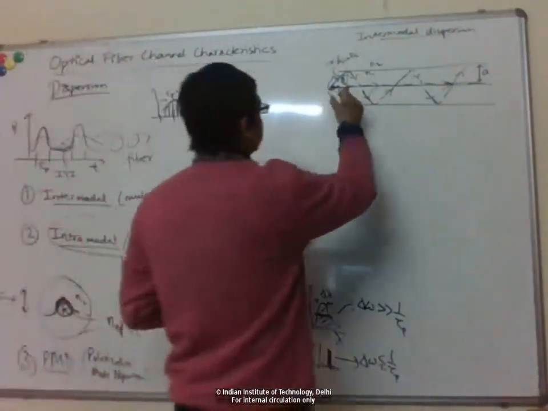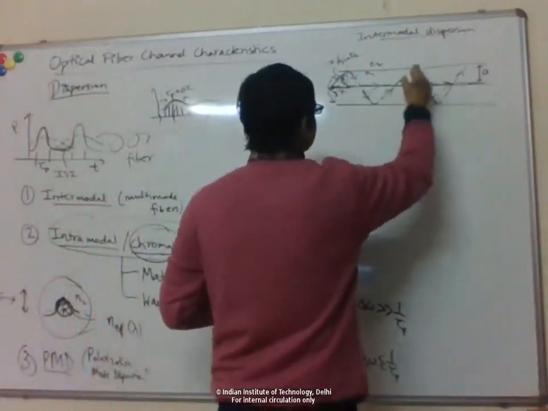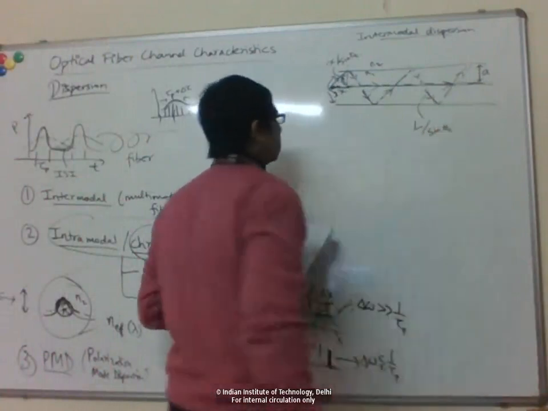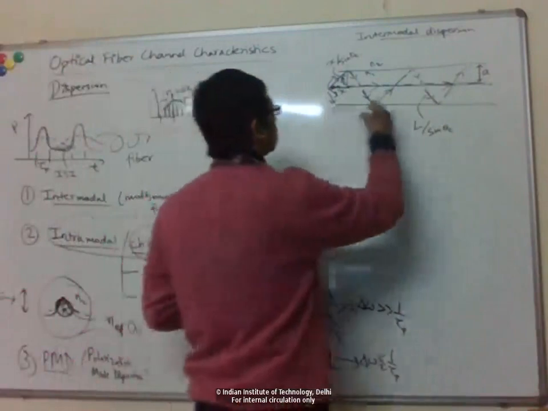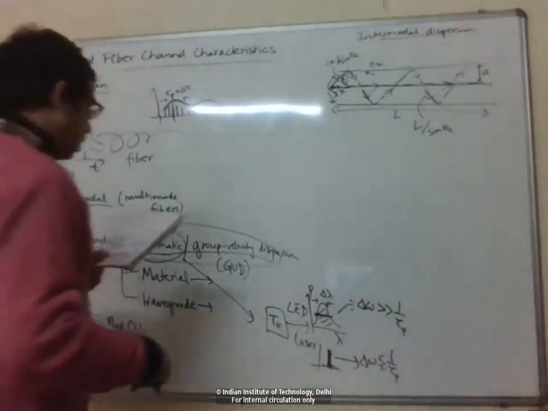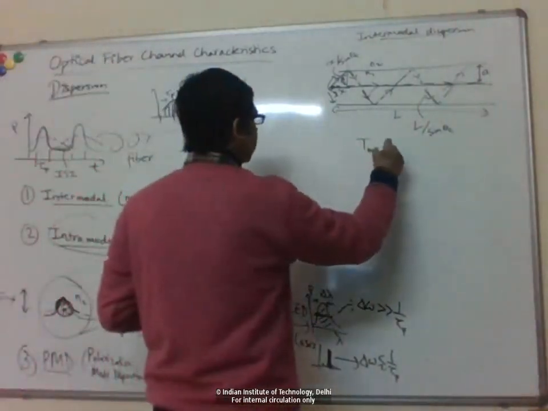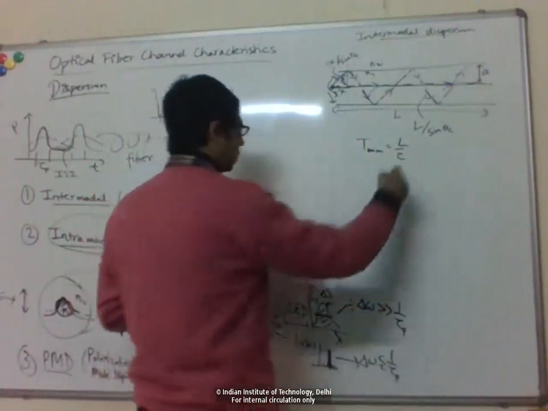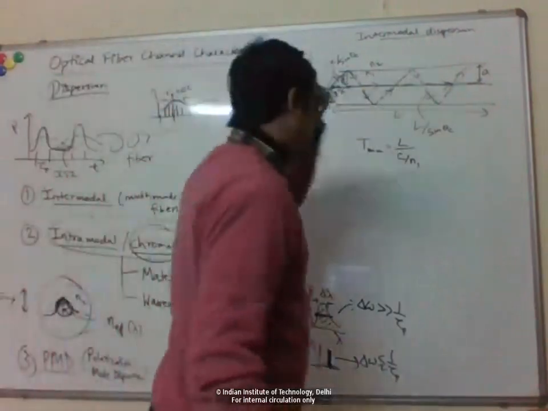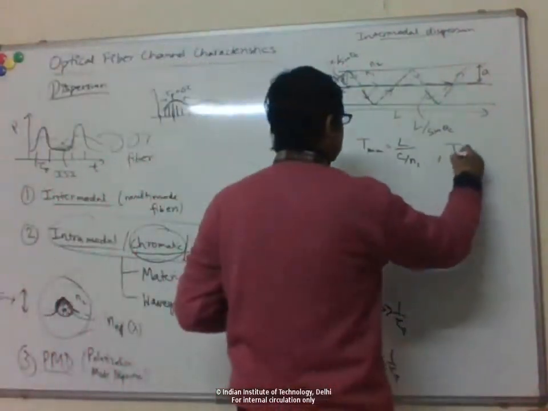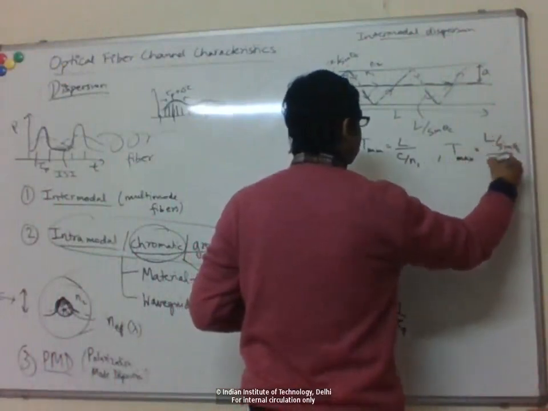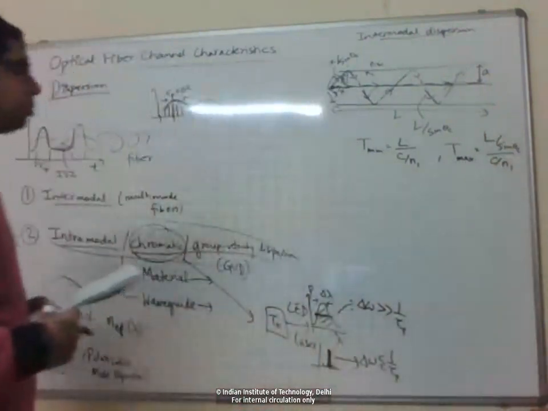So if this whole length is L here, then this length here will be L over sine theta c. So the minimum time is L over C over n1, since C over n1 is the speed. The maximum time is the maximum path, L over sine theta c, divided by C over n1.